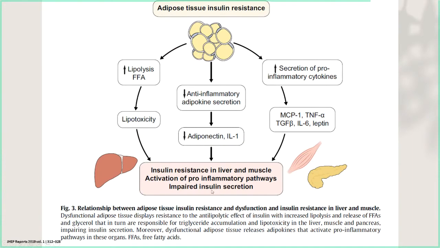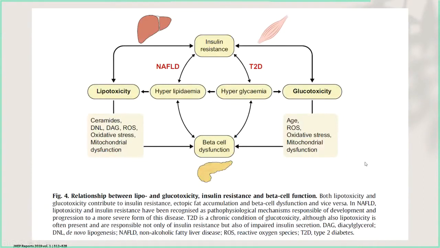So there's a combination of adipose tissue insulin resistance and liver insulin resistance, which in turn lead to the metabolic problems that we call NASH.